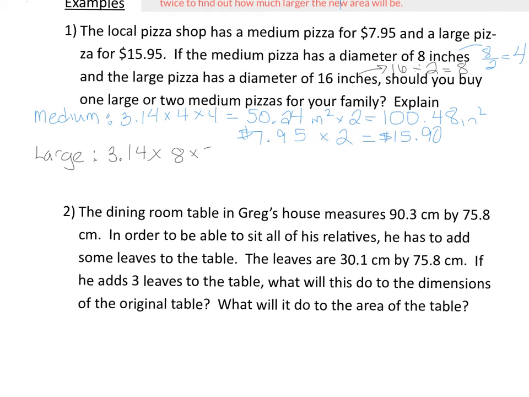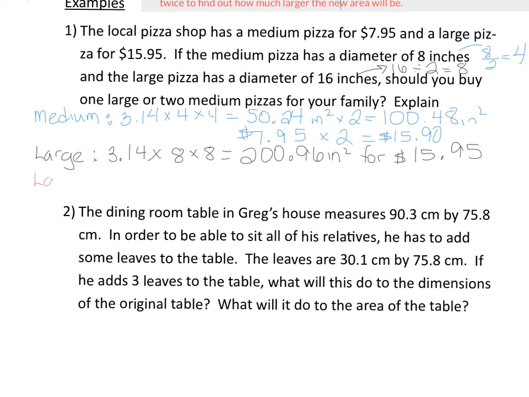So fuzzy wuzzy was a bear and area of a circle is pi r squared, so we multiply 3.14 times 8 times 8, giving us 200.96 inches squared for 15.95. So if you take a look at the area of the pizzas, we can get two medium pizzas for just over 100 square inches and 5 cents less, or we can get one large pizza for over 200 square inches for 5 cents more.